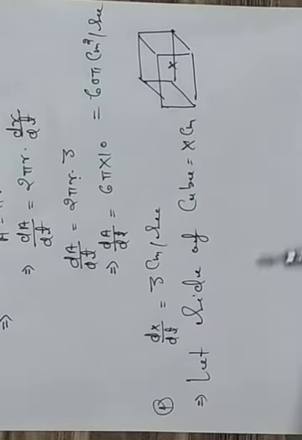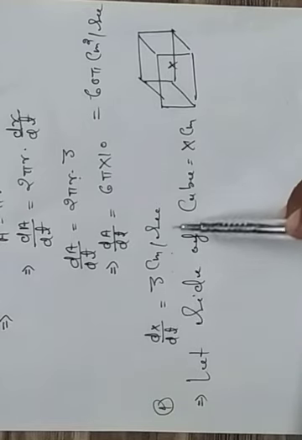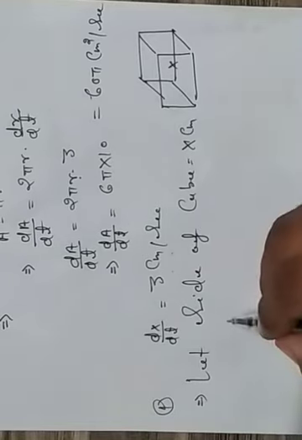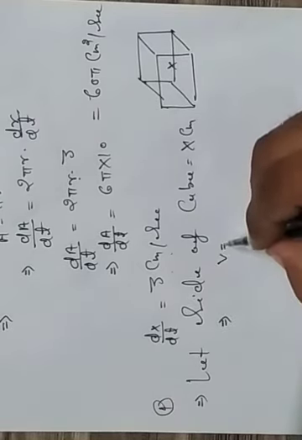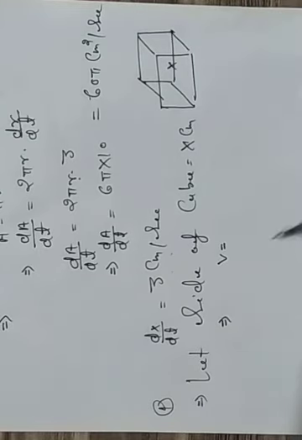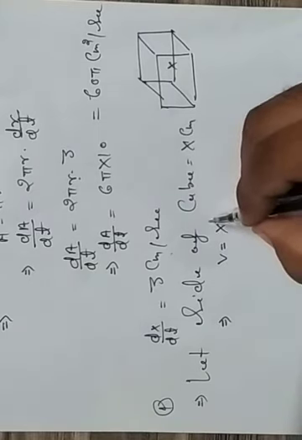Now see student, rate of change of side of cube is given here 3 centimeter per second, and asking about the rate of change of volume when side is given 10 centimeter. So student, we know relation between volume and side of cube. So V is equal to side cube.